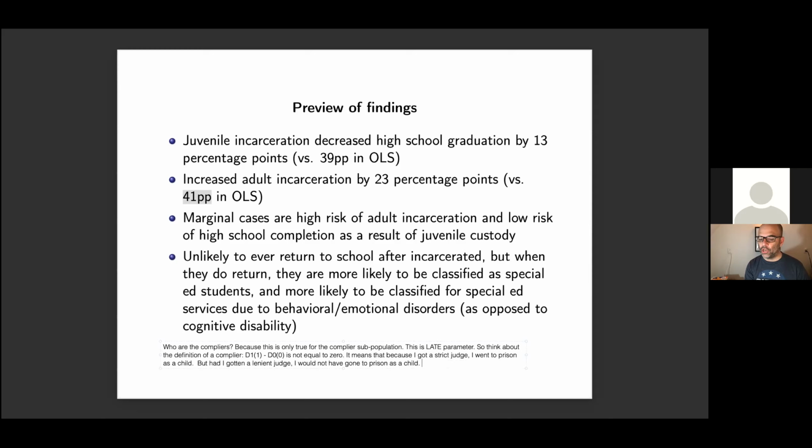Okay. So this isn't identifying the effect on the always incarcerated or the never incarcerated. It's identifying the LATE for the only incarcerated because I got unlucky with the strict judge assignment. So this is the marginal child. This is the child who is incarcerated only because they were assigned to a strict judge.